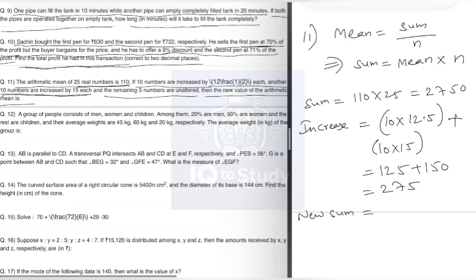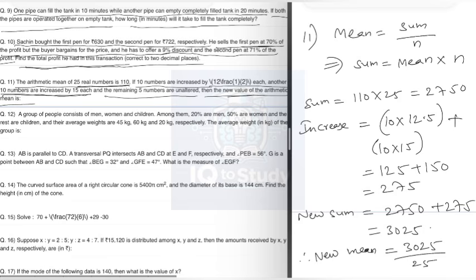So new sum becomes 2750 plus 275, which is equal to 3025. We have to find the new value of arithmetic mean. Therefore, new mean is equal to new sum, which is 3025 divided by 25. That is equal to 121.